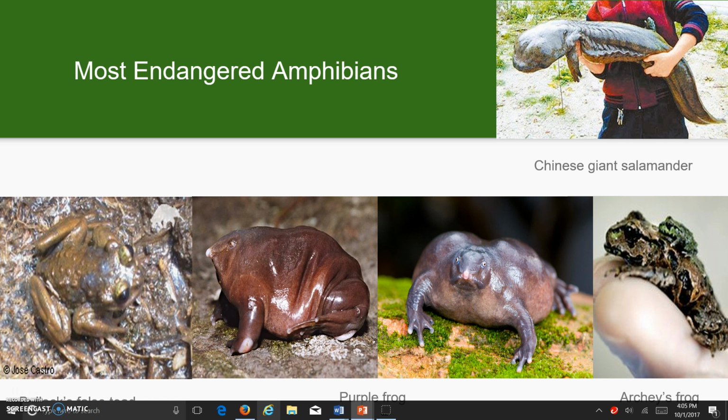Again, this species is threatened by overharvesting for the food trade, as well as the destruction and degradation of its habitat. They are considered to be both a luxury food item and an important source of traditional medicines in China. So now it's listed as critically endangered because it has undergone a massive population decline over the past 30 years.